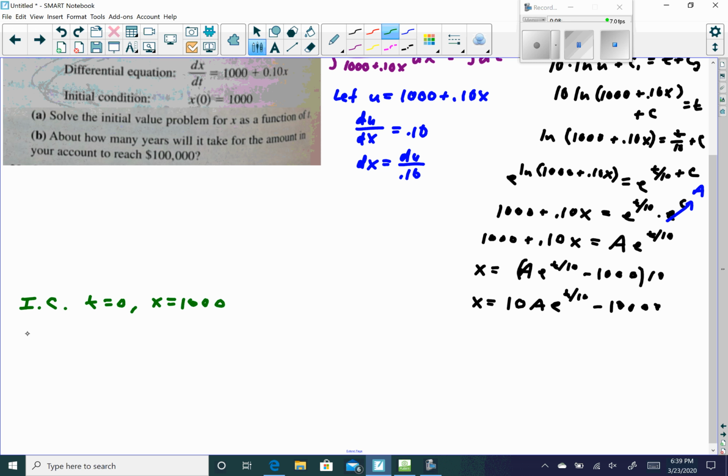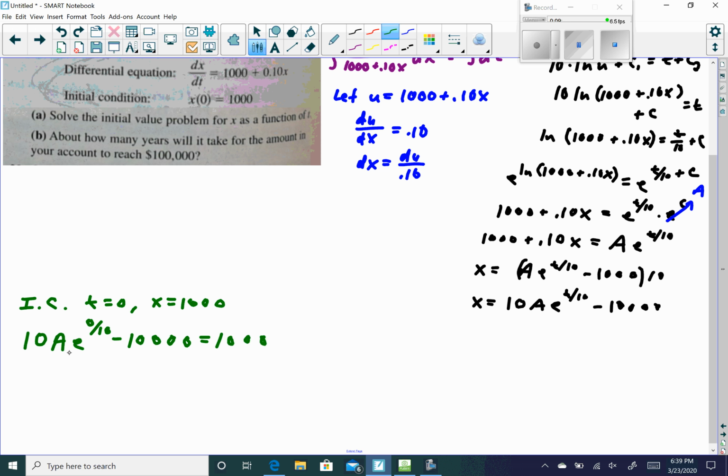Alright, so we have 10 times a, e, again it's t over 10, so it's 0 over 10 minus 10,000. That's going to equal 1,000. Putting in the x is 1,000.